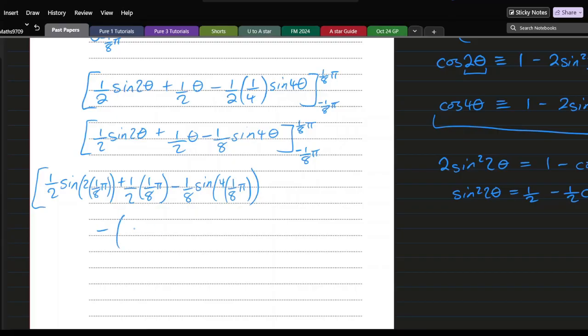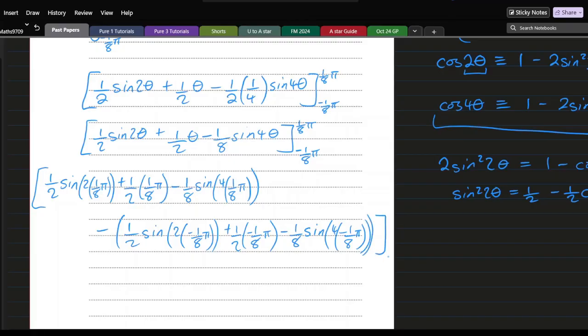So that's half sine 2 times negative 1 over 8 pi plus half times negative 1 over 8 pi minus 1 over 8 sine 4 times negative 1 over 8 pi. Alright, be careful with the brackets, they are a lot.